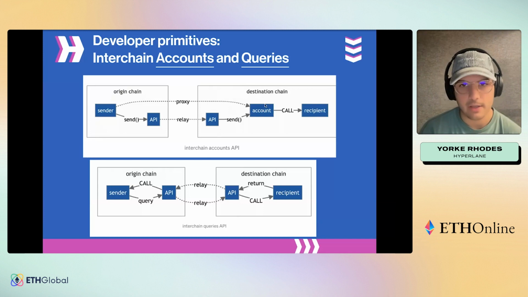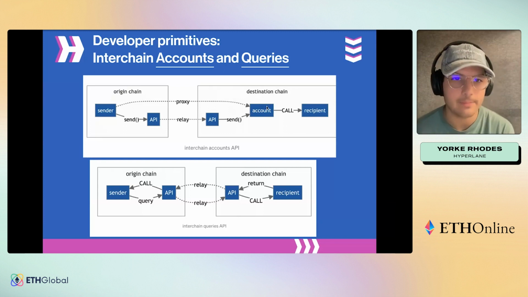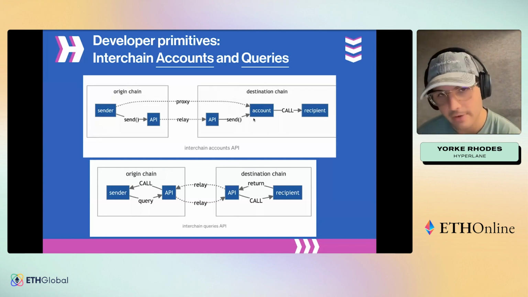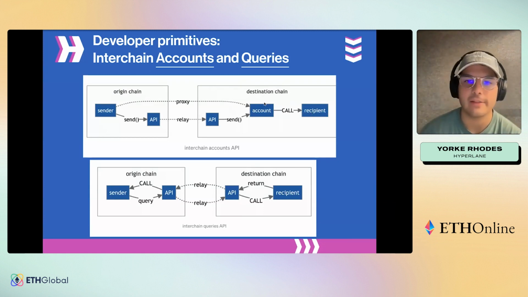And basically, it will perform that call from a proxy account that can only be activated or make calls based on actions that you do from the origin chain. And so it would perform this mint. And then this proxy account, this interchain account, as we call it, would now own the NFT.